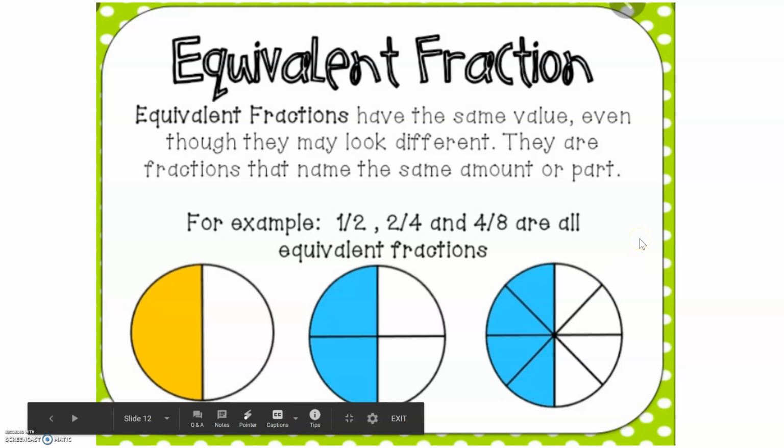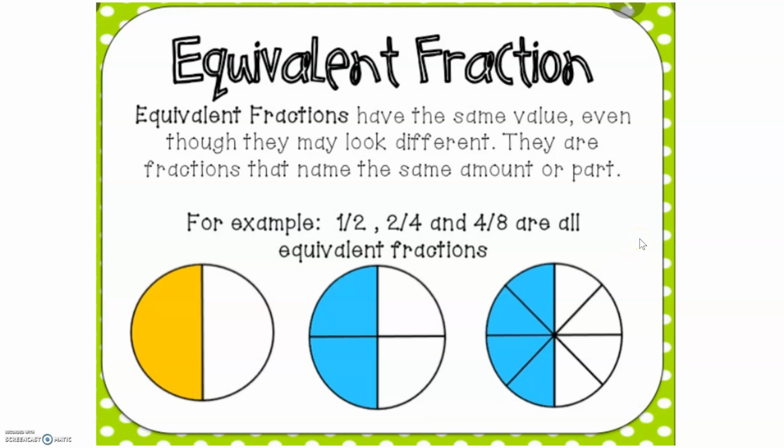We also learned about equivalent fractions for 1/2 in the lesson. Remember that anytime you are trying to find an equivalent fraction for 1/2, you're going to have the same number in both the numerator and the denominator, because we need all of the pieces to make 1/2.